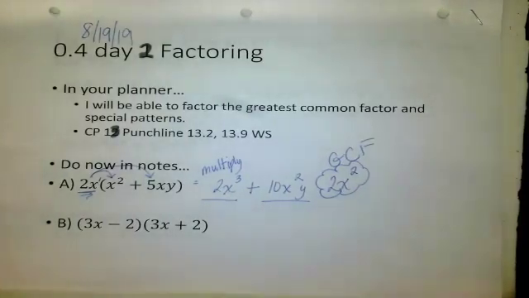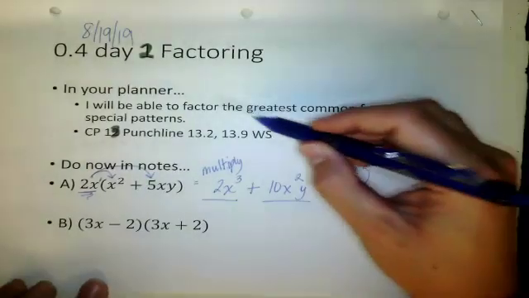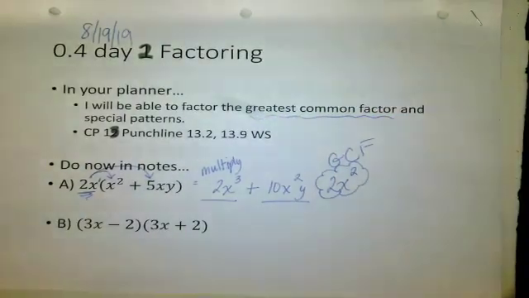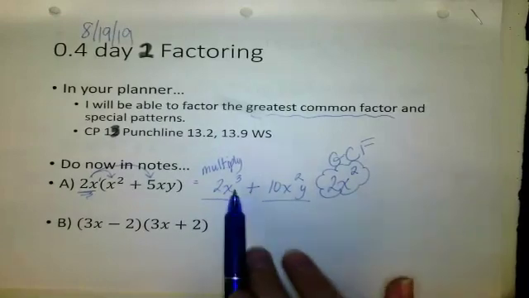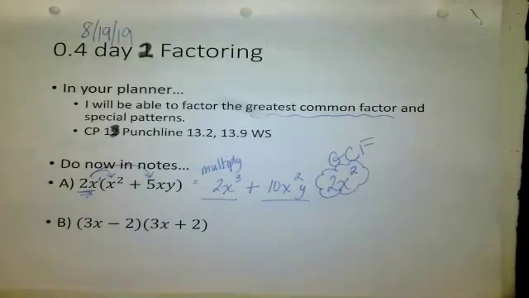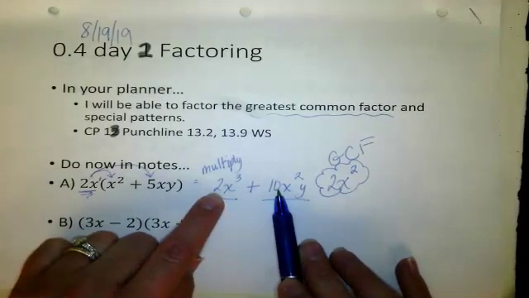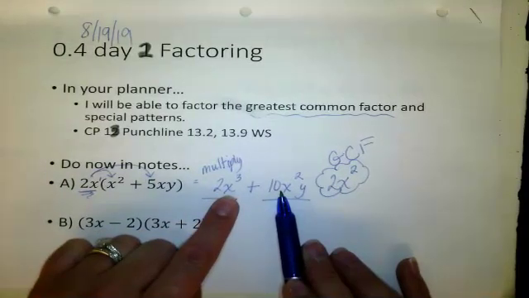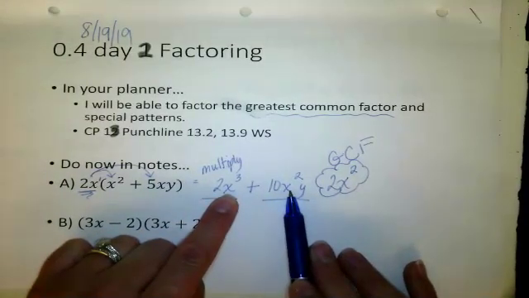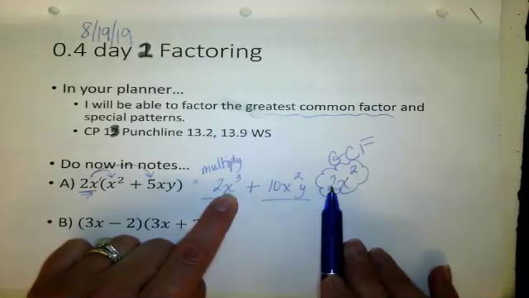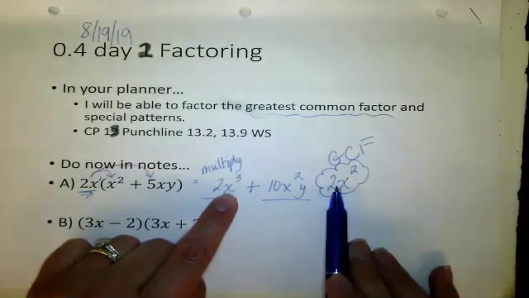Today we are factoring out the greatest common factor. When you look at 2 terms, what do they have in common? So when I look, I see a 2, I see a 10. They both have a factor of 2. Here we have x cubed, here we have an x squared, which means they both have an x squared in them, right?